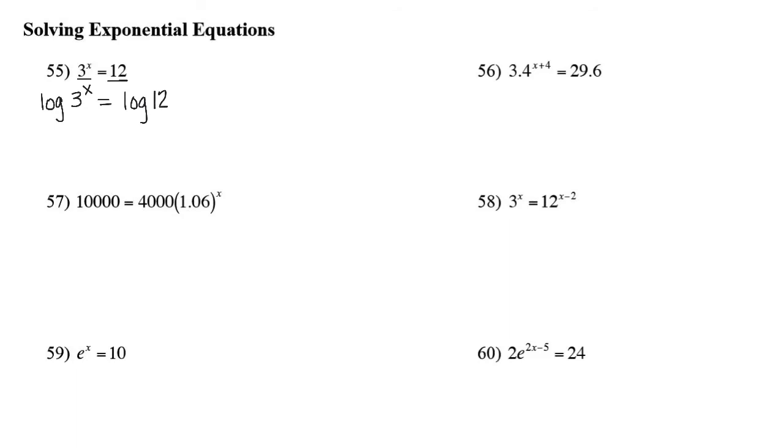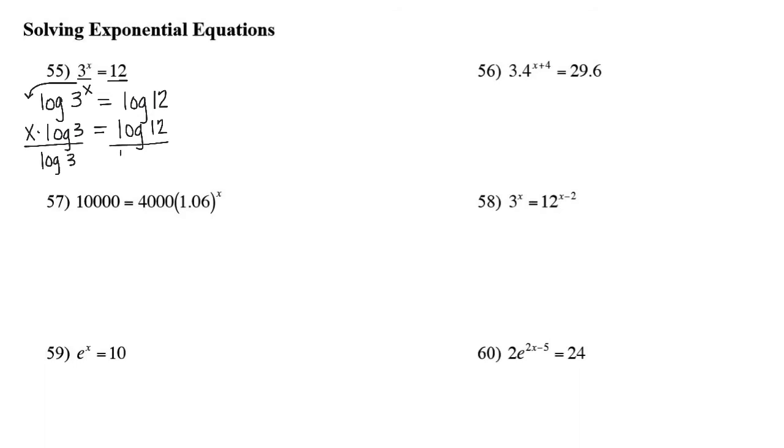Now we will use our logarithm property that says we can move our exponent down to the front. And so I have x times log 3 equals log 12. And then finally, solving for x, we would divide both sides by log 3.